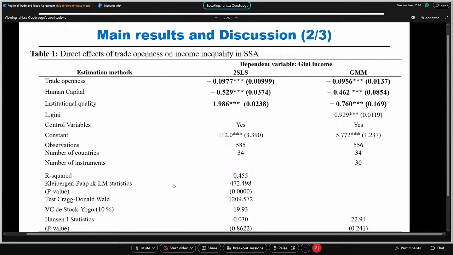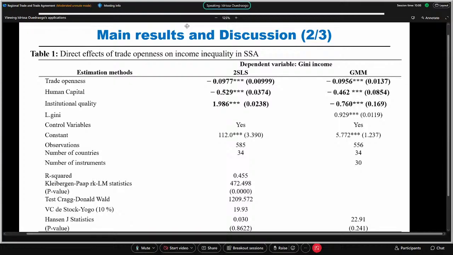So, as policy implications, African governments should intensify their efforts to integrate their economies into global trade and improve access for local products to foreign markets, particularly in highly unequal countries.